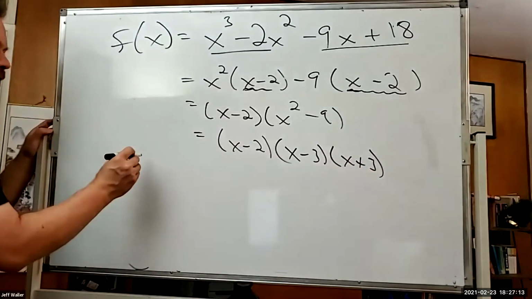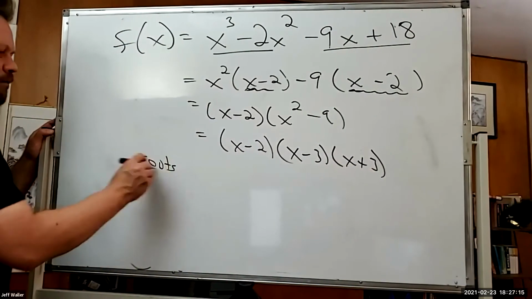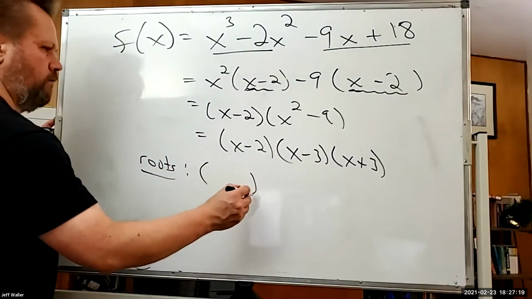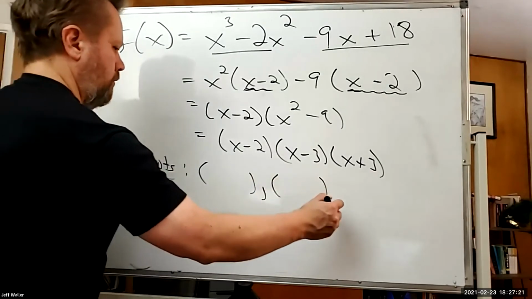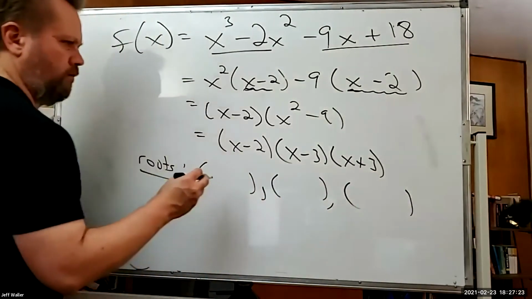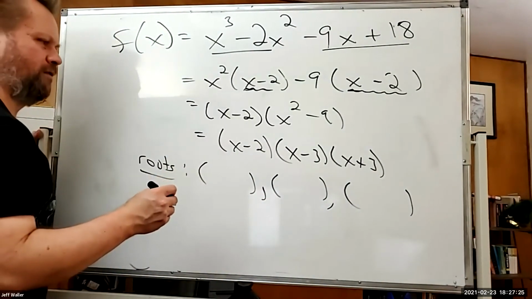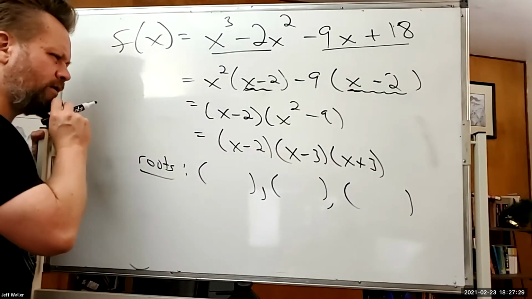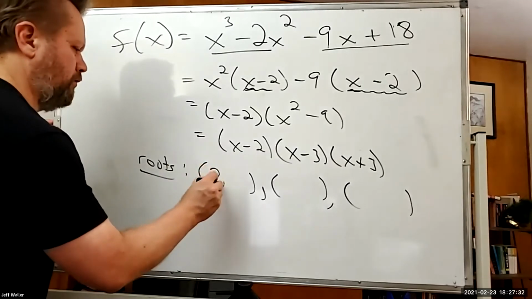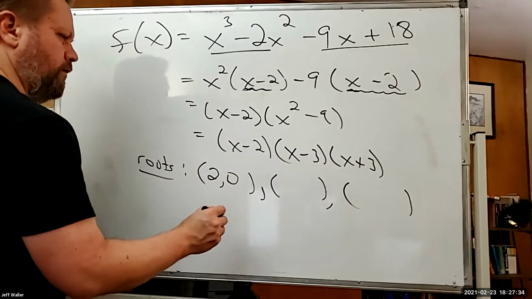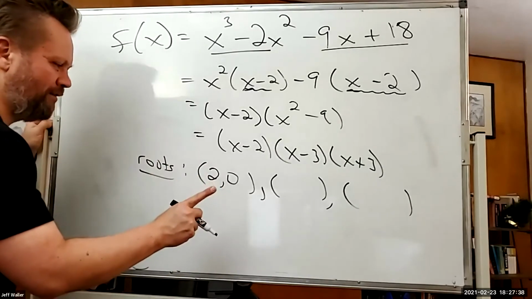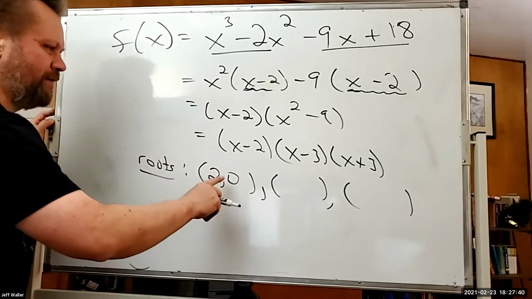So what are my roots? One, negative 2. No. What's happening? 2, 0? There's 2, 0. That's what I meant. I know you meant it happens once, but it's not negative.